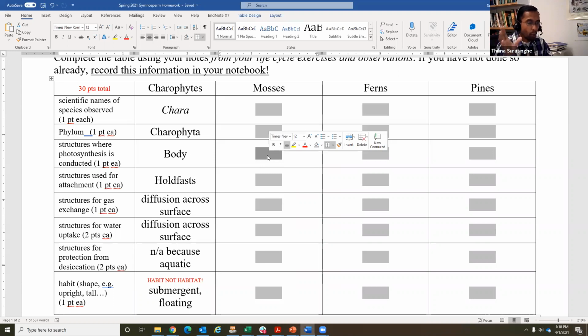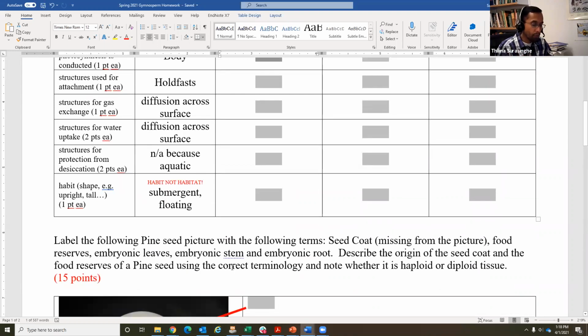Habit, the growth structure, the growth morphology. For the mosses, well, they are short and grow in clumps. Now, remember the clump morphology. Ferns grow relatively taller, with upright structures. Now remember that they too make clumps.